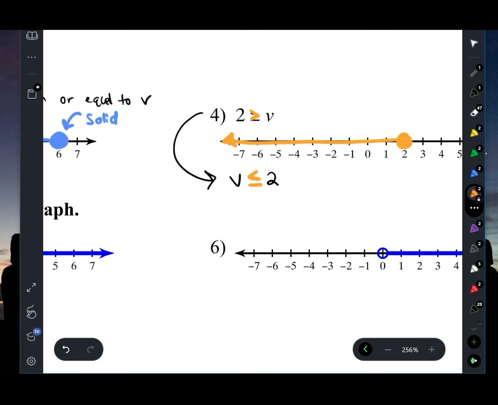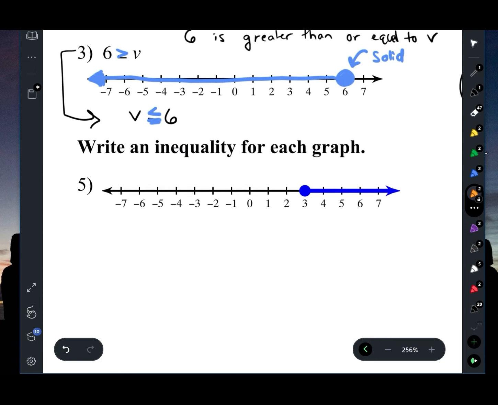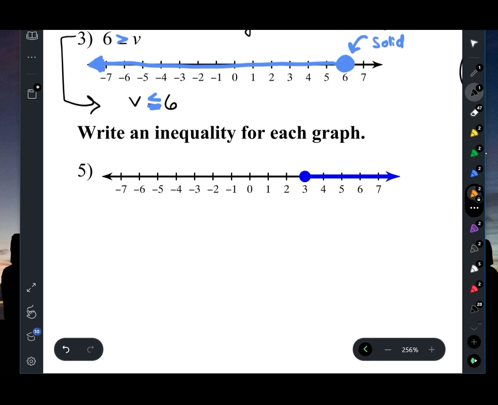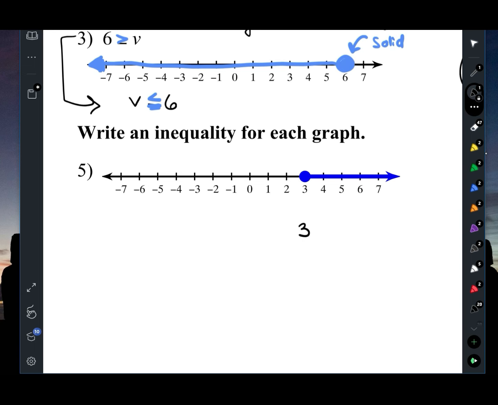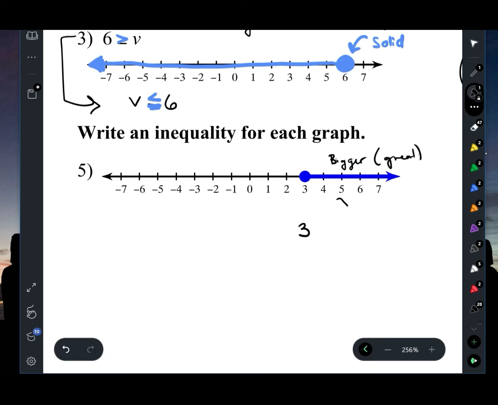Now going backwards, this time around, writing an inequality from each graph. Basically, we have 3, but we also know everything to the right is highlighted. So we're thinking we want x bigger or greater than 3. So that's how we'll write it, simply x greater than or equal to 3 because of the solid circle.